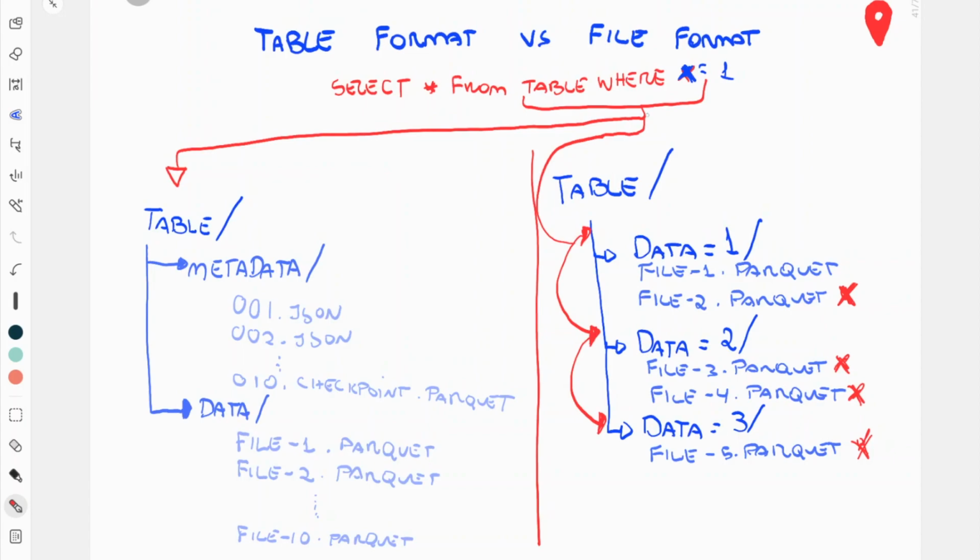But when you define a table by yourself, you have to go through all of the data, and you have to optimize that query afterwards. When you're using a framework, you don't have to worry about that. You only query the table as you would query a table in a warehouse, and that's it. The framework takes care of the optimization of the query and looking into its partitions.